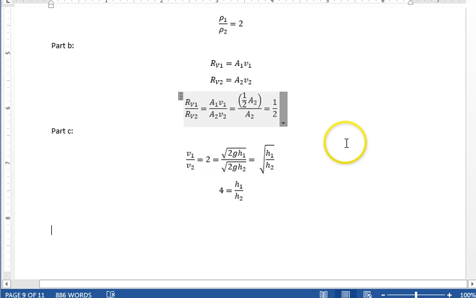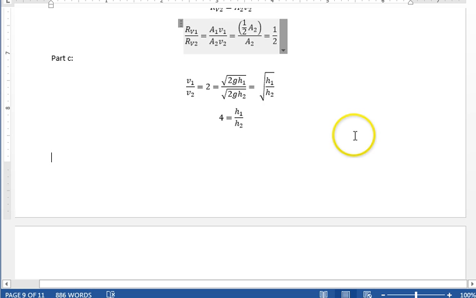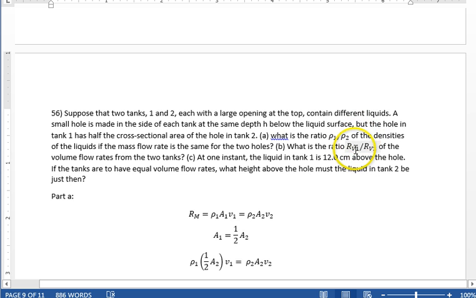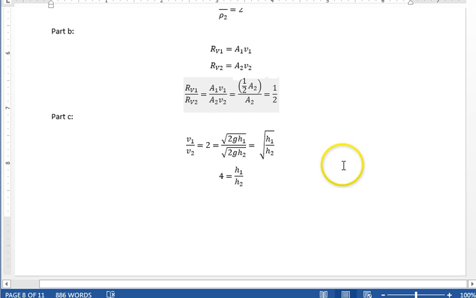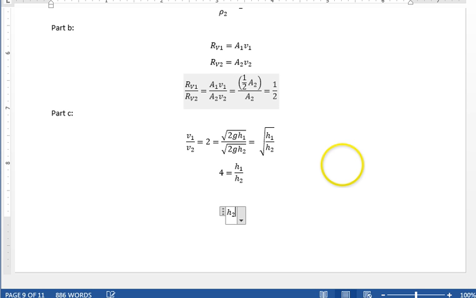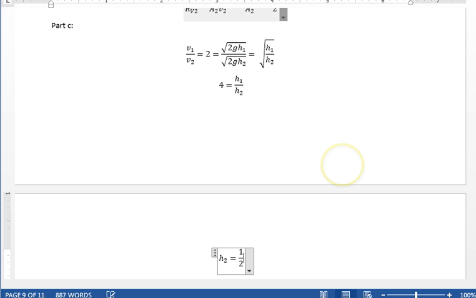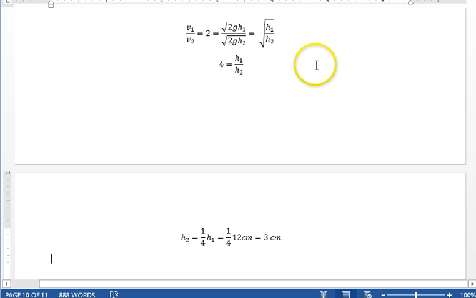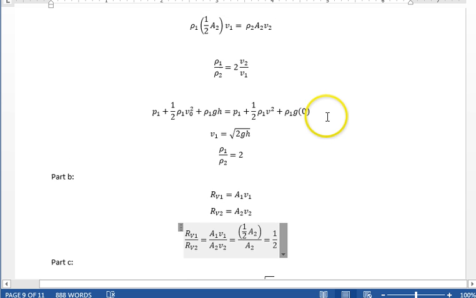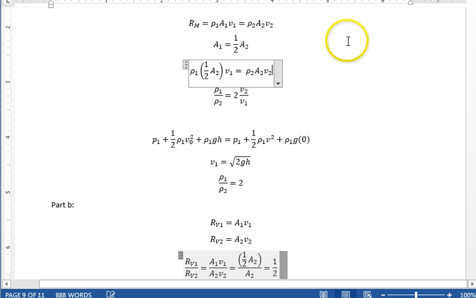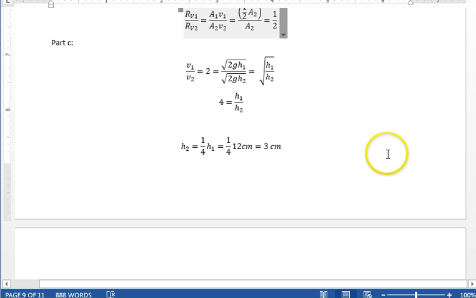We know that H2 then is 1/4 H1. So H2 equals 1/4 of 12 centimeters, which is 3 centimeters. And that's it for this problem. H2 in part C is 3 centimeters.